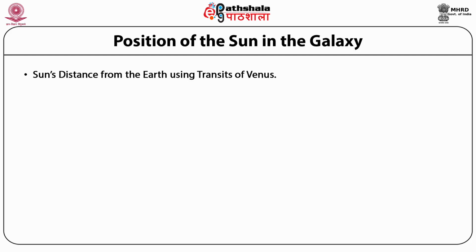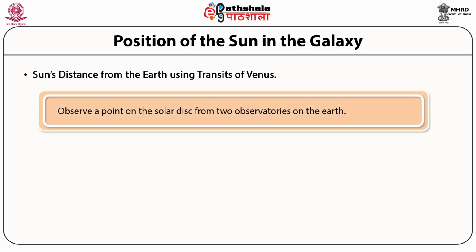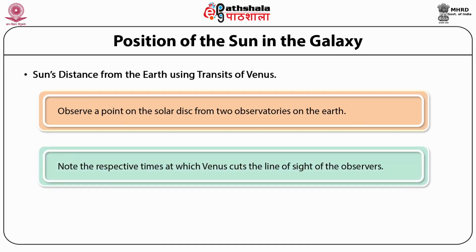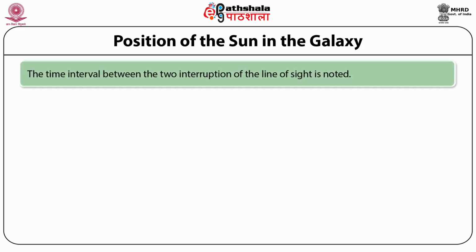As we can see in the figure, observe a point on the solar disk from two observatories on the Earth. Note the respective times at which Venus cuts the line of sight of the observers. The time interval between the two interruptions of the line of sight is noted.